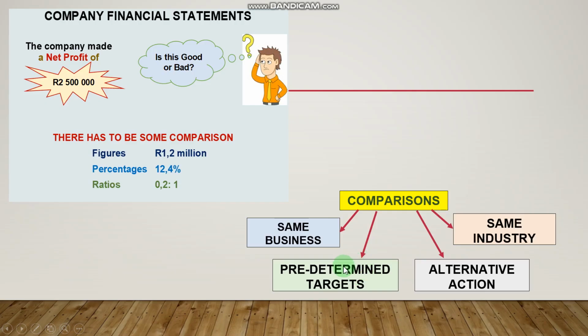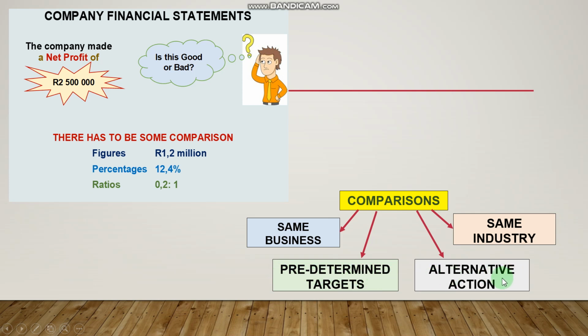I would look at a situation like a target, like how much sales did I want to make? Did I achieve that level? Did I manage to achieve the markup percentage that I set, and if not, why not? That's what I do when I look at a predetermined target.